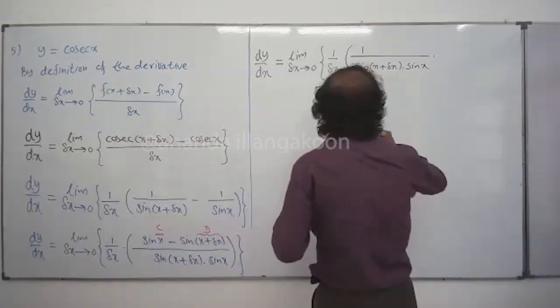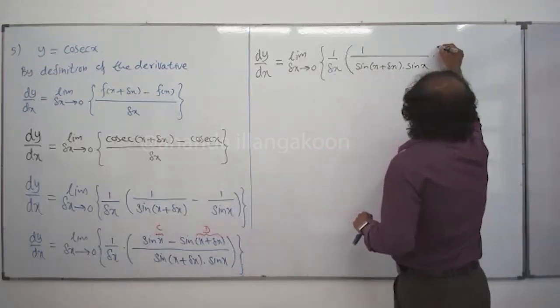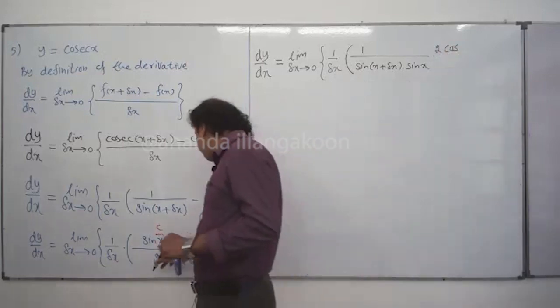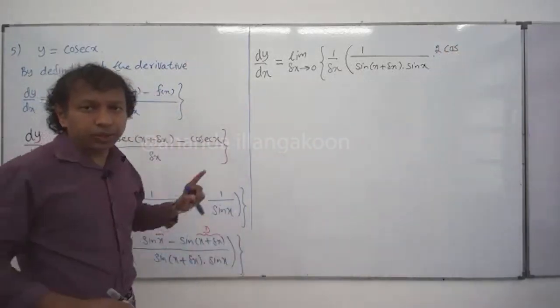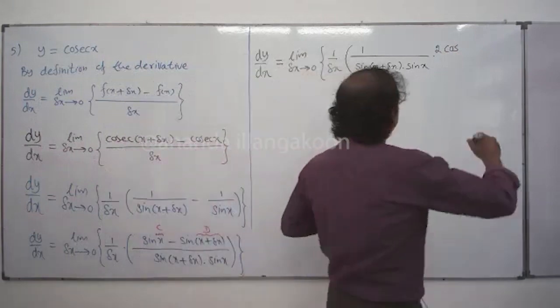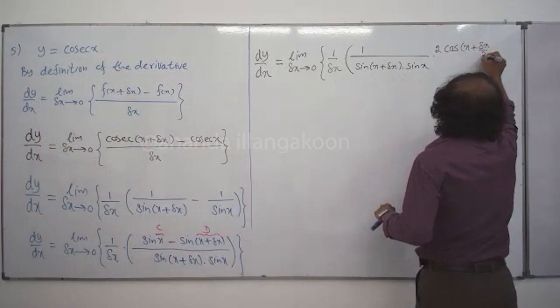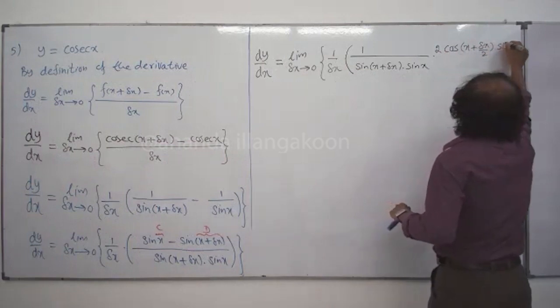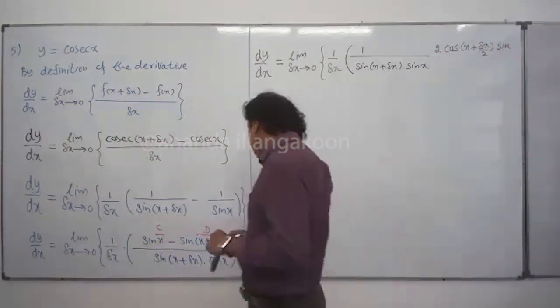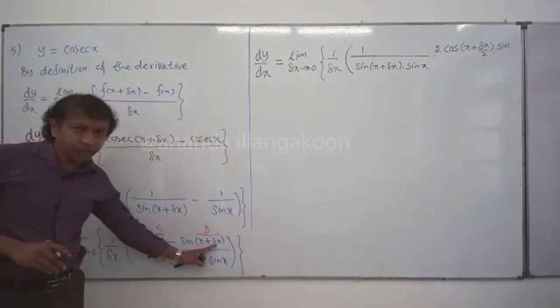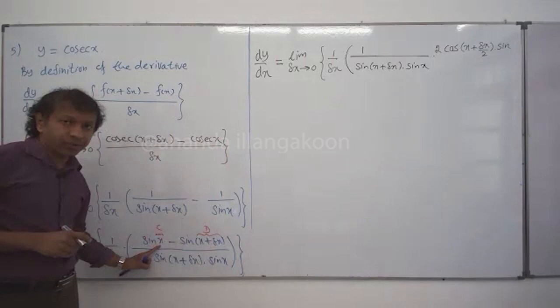Understand? Then what do you get? x plus delta x by 2. Second one is sine c minus d. x plus delta x should be subtracted from this x.